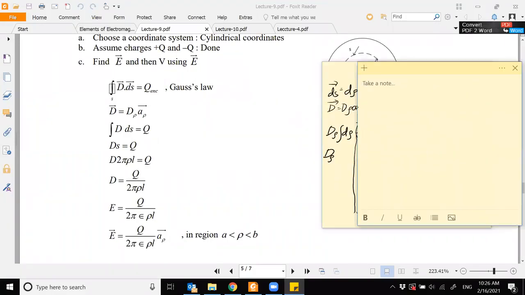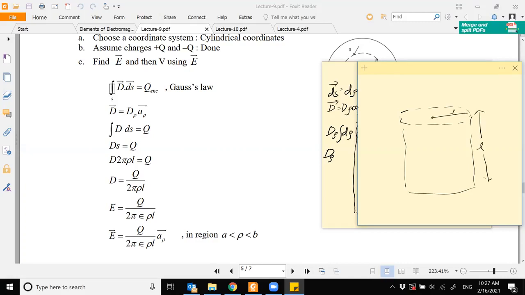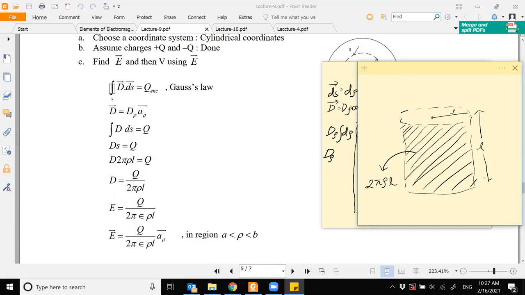Now this is our cylinder, our Gauss cylinder. Its length is L and its radius is rho. So what is the surface area? It is 2 pi rho L. So the integral of dS is nothing but the surface area, which is 2 pi rho L.